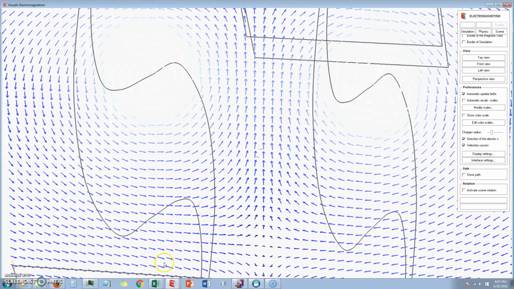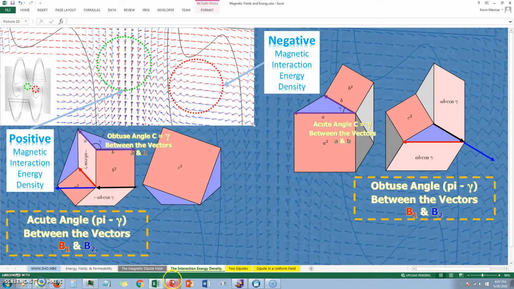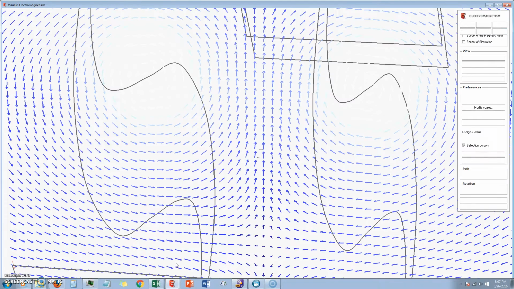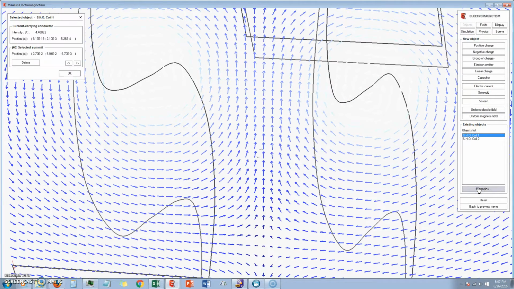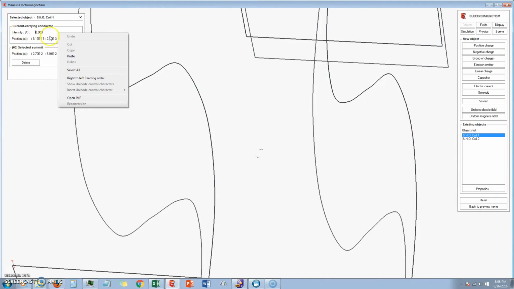Here is, that would be b2, I believe. Yes, that's blue. And going back to there. So there's your b2 vectors from, which one is this? S.H.O coil 1. So let's say I were to vanish this field. That was my keyboard. Okay, so obviously there's no more field there.